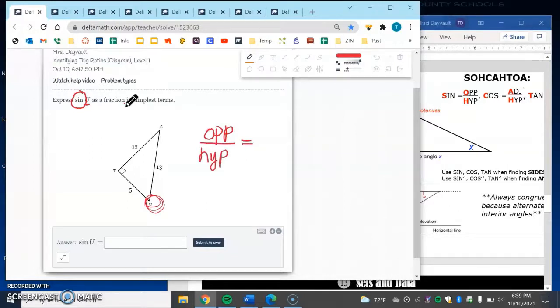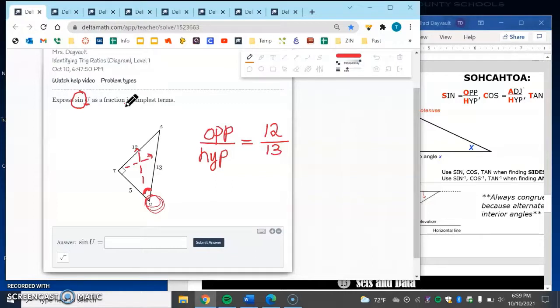If I'm looking at this triangle, angle U is this angle right here. What is the length of the side that is opposite? It would be this one over here, so that would be 12. And what is the length of the hypotenuse? The hypotenuse is always across from the right angle, and it's always the longest side.